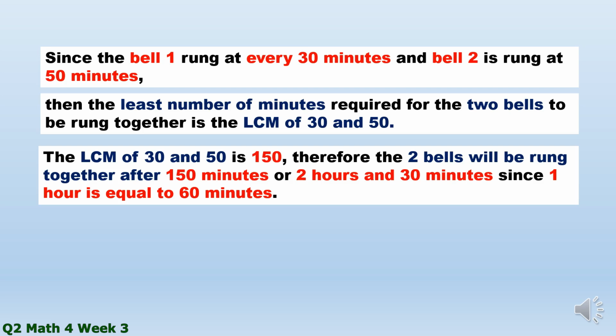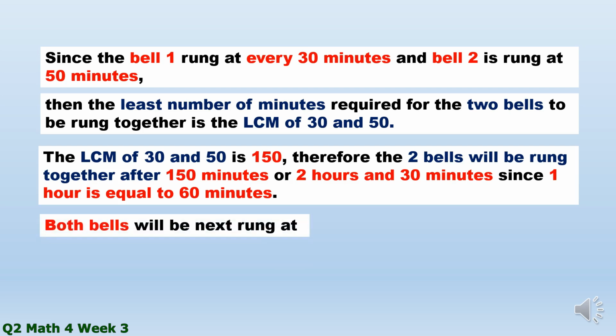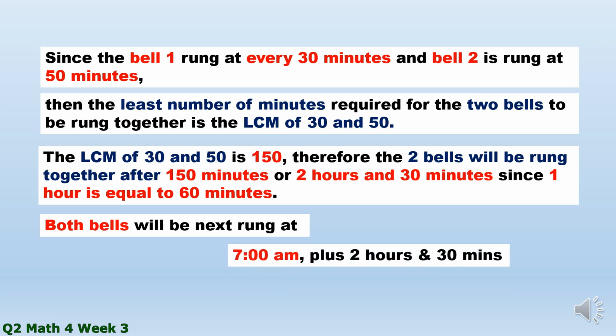Therefore, the 2 bells will be rung together after 150 minutes or 2 hours and 30 minutes. Since 1 hour is equal to 60 minutes, both bells will next be rung at 7 o'clock in the morning plus 2 hours and 30 minutes, and that is 9:30 in the morning.